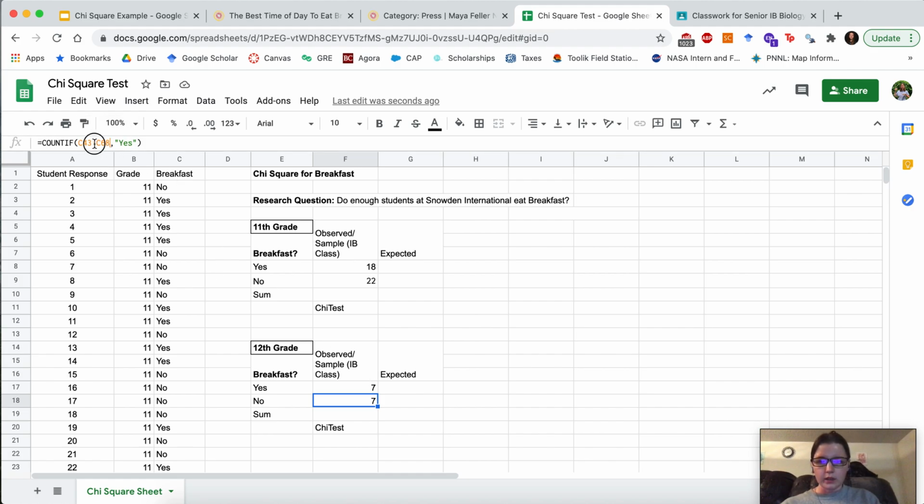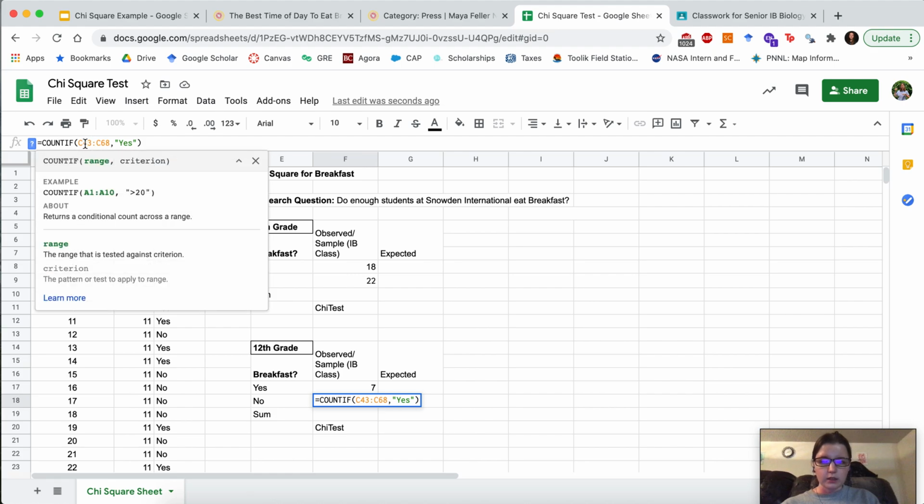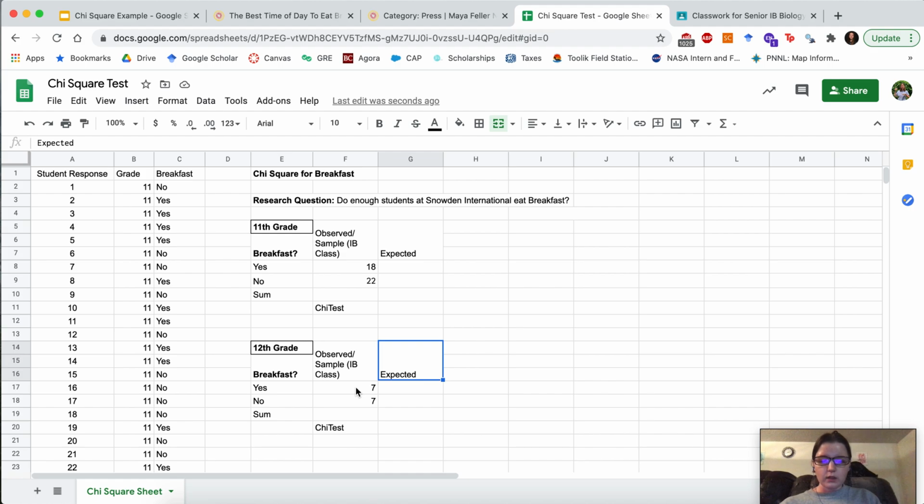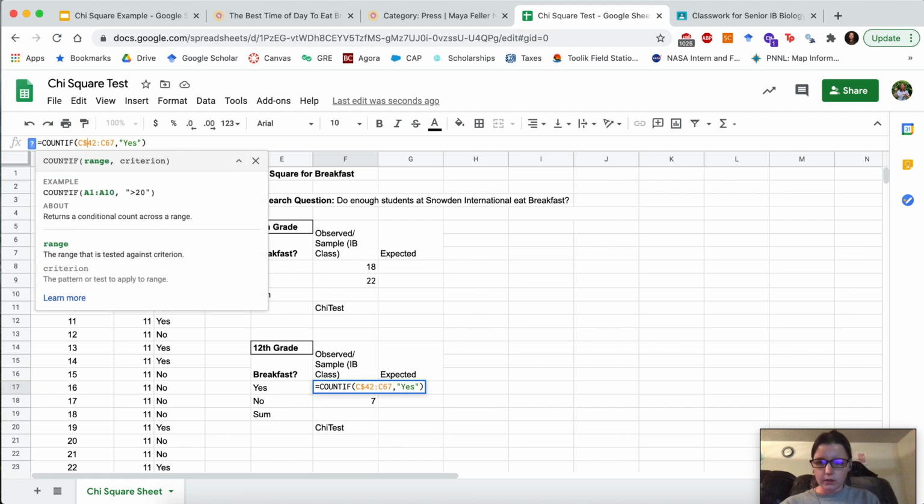So you would need to manually change the range back to what you want, as well as whether or not it's yes or no. But one way you can keep the range the same regardless of when you copy or paste it is you could put a $ sign in front of it, both the letter and the number.